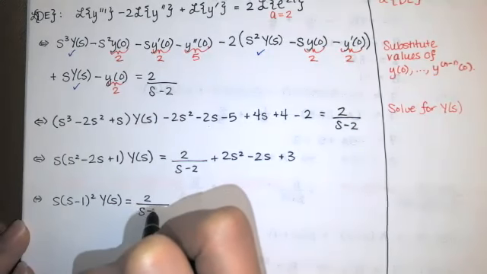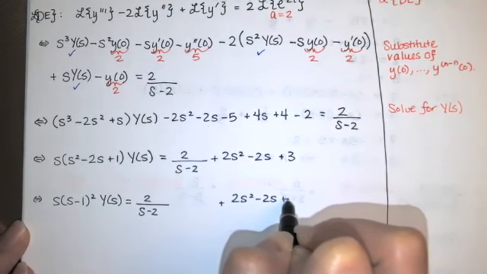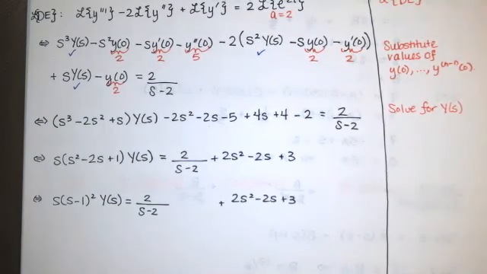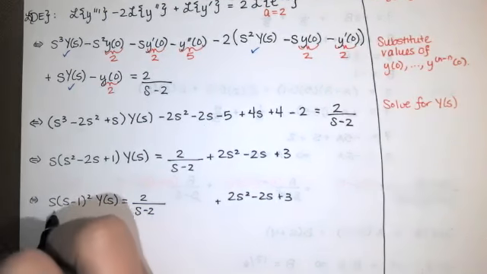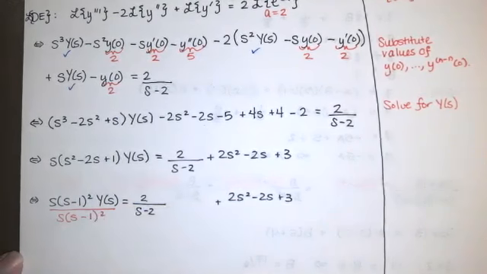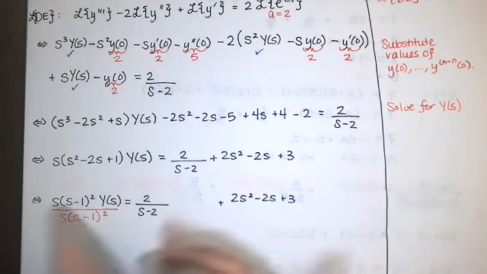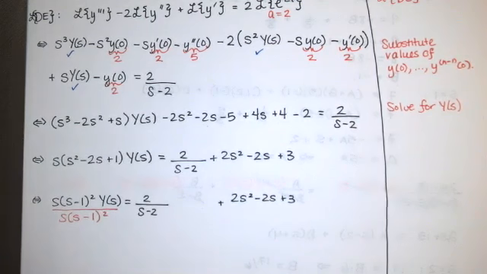I'm going to leave myself a little space over here. Now we want to get y of s by itself, so I'm going to divide out s times s minus 1 squared. But rather than taking this and then dividing by that and then having to do the algebra that way, I'm going to remember that dividing by something is the same as multiplying by 1 over that expression.